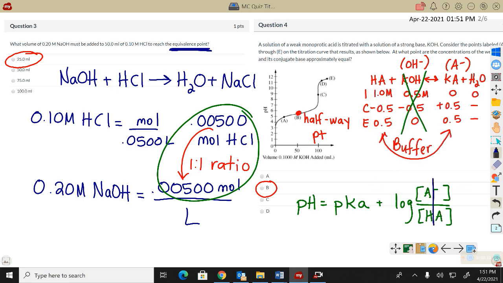So when this is 1, the log of 1 is 0, and the pH equals the pKa. So if I follow this across, my pH is maybe, I don't know, somewhere between 5 and 6, which means then that I could use that to identify the acid. I could determine its Ka value and then maybe look it up on a list of known weak acids. At point B, the halfway point, is where we end up with the 1-to-1 ratio of acid and conjugate base.